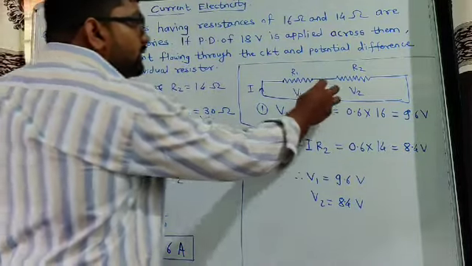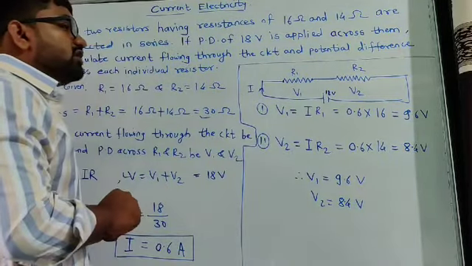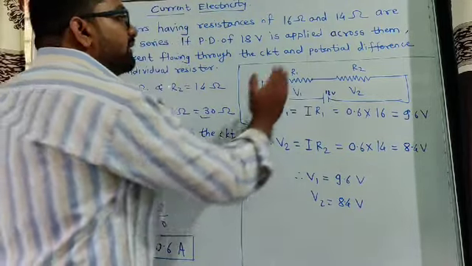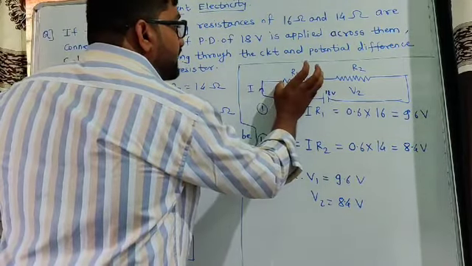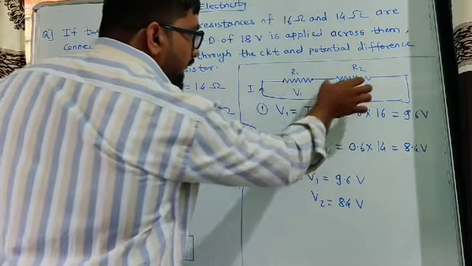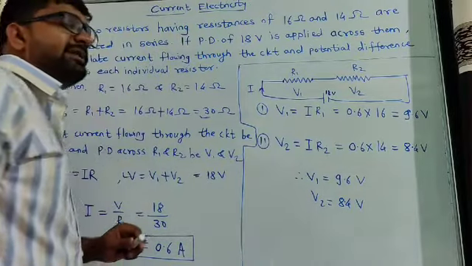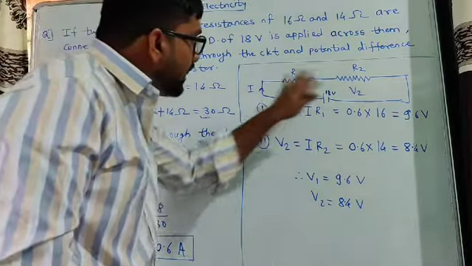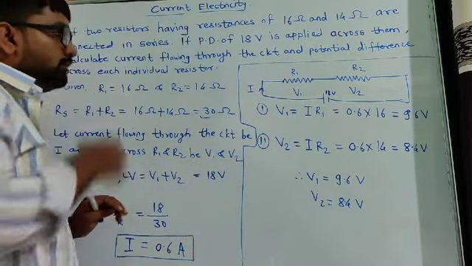We know this is the 18 volt potential difference we are applying, but due to these two resistors, V1 is the potential difference across resistor R1, and V2 is the potential difference across R2. So we have to calculate these values of V1 and V2.